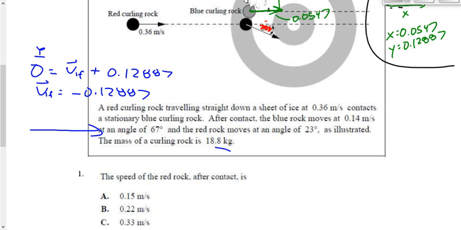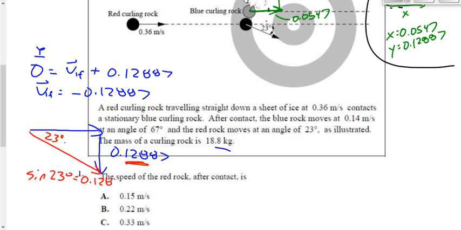The y component of that resultant vector, I know is 0.12887. And the angle I know to be 23 degrees. Anybody see where I'm going with this now? If I have opposite and I have the angle, then sine 23 degrees is equal to opposite over the hypotenuse. And lo and behold, it's 0.33 meters per second.